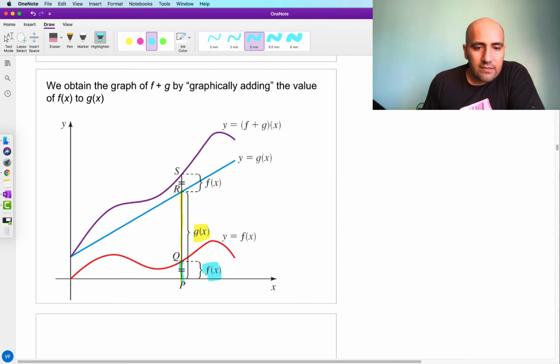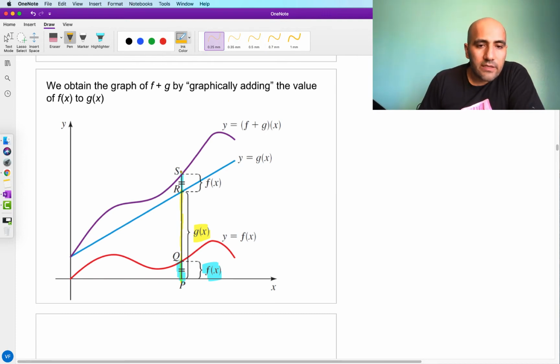And then if you take this little blue guy here, and you add it to the top of the yellow one, you end up with this guy here. And then the whole thing from the x-axis all the way up to the very top then constitutes this new summation of the two.